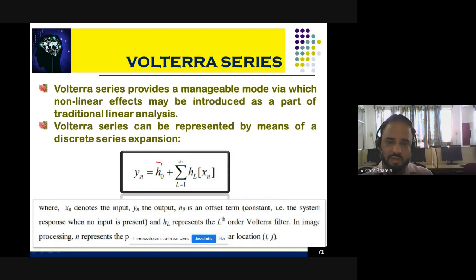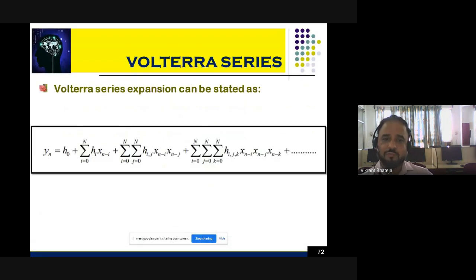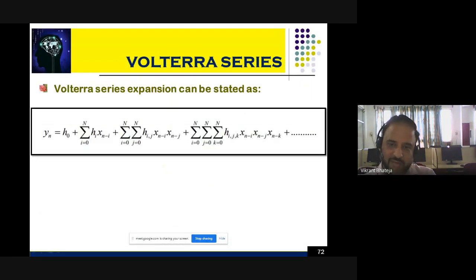This Volterra series expansion is like this: you have one DC component or a constant term over there, and then sigma h_l x^n, where l over here denotes the order of your filter. If we expand this particular series, then it is of this particular nature. This is your constant term from this series.